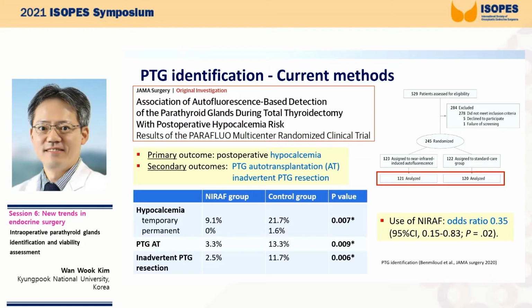Analysis of secondary outcomes showed that fewer patients experienced parathyroid gland autotransplantation and the number of inadvertently resected parathyroid glands was significantly lower in the near-infrared autofluorescence group. In conclusion, the use of near-infrared autofluorescence for identification of the parathyroid gland may help improve the postoperative hypocalcemia rate and increase parathyroid gland preservation.